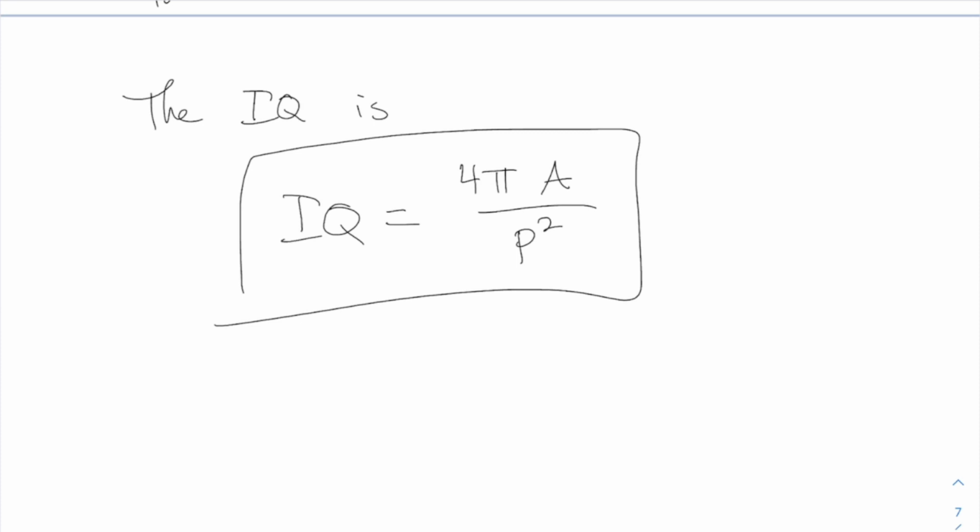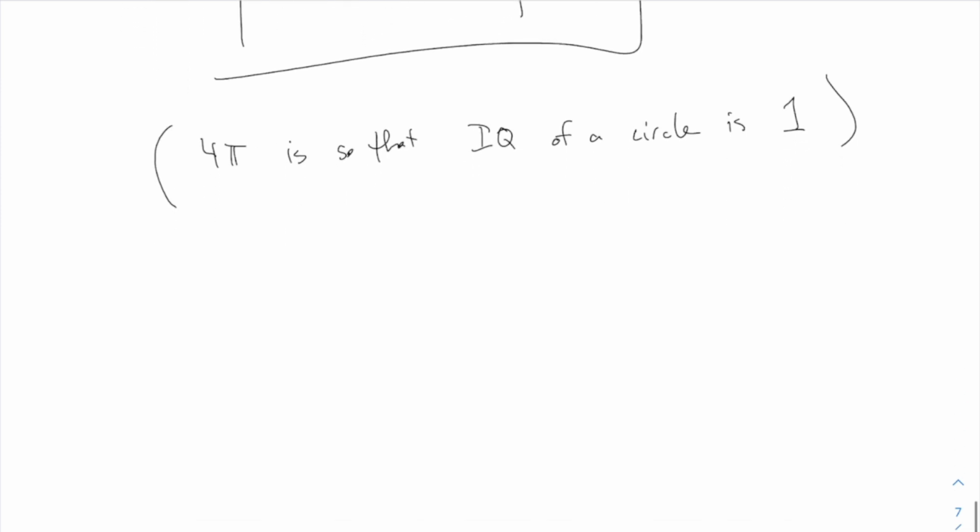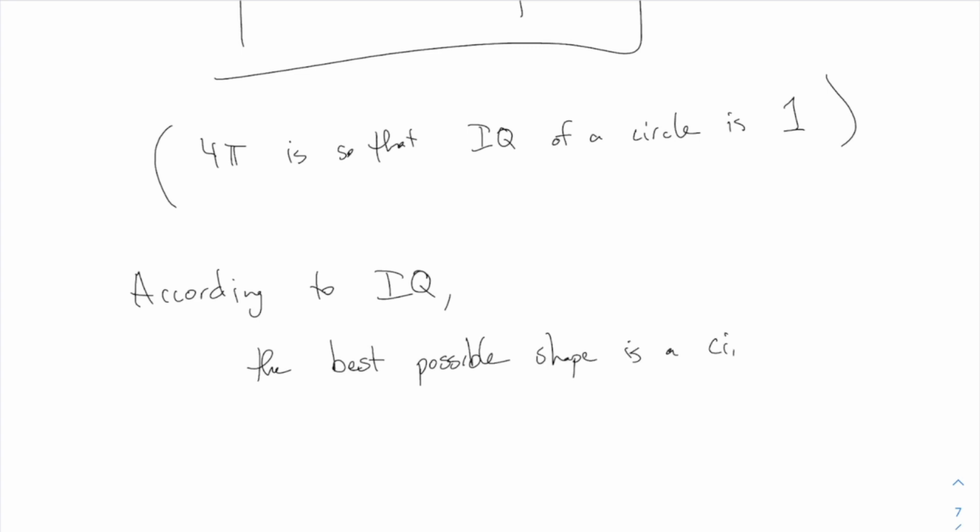So this is the formula for the isoperimetric quotient. I will just say the 4 pi is so that the IQ of a circle is 1. All right? So in terms of the isoperimetric quotient, the best possible shape is a circle, right?